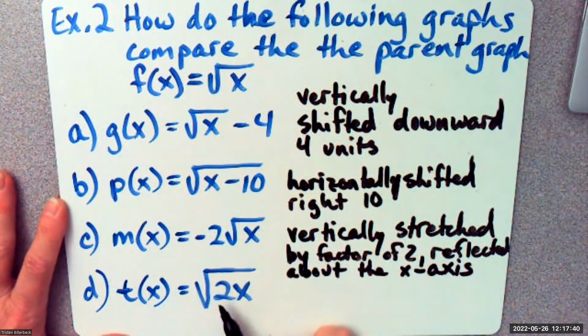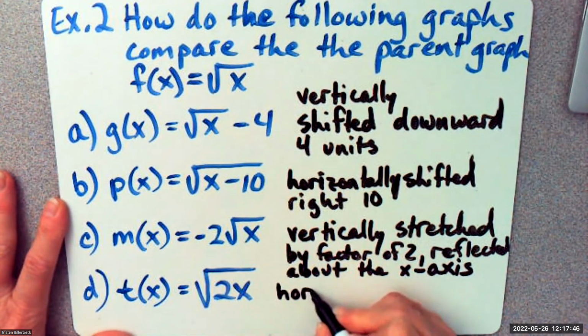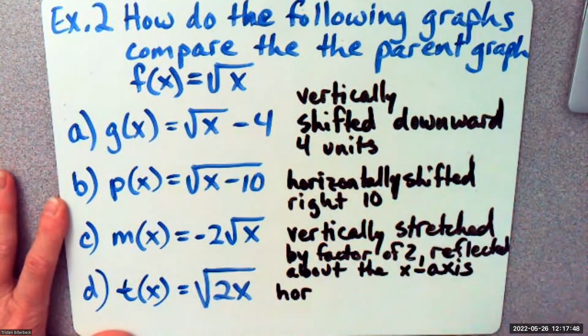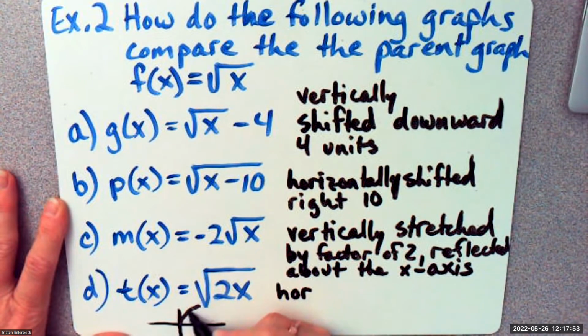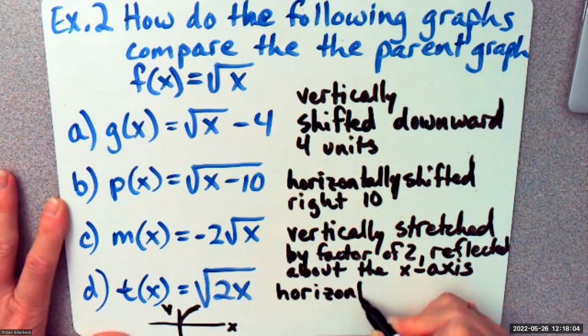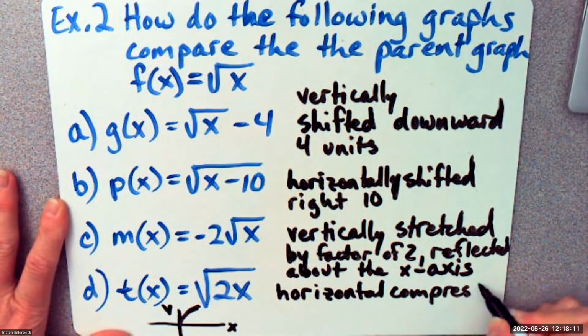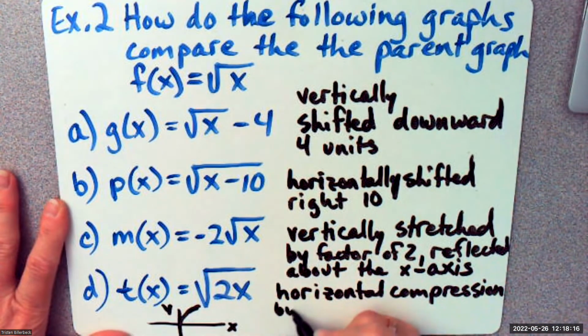All right, this one, the 2 is now inside. So this is a horizontal, now it would have been a vertical stretch. What's happening here is this is going way away from the x-axis now. It would have been a vertical stretch, but now this is inside, so it's a horizontal compression by a factor of 2.